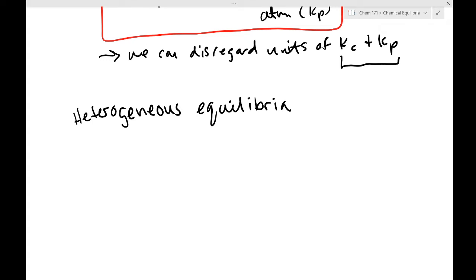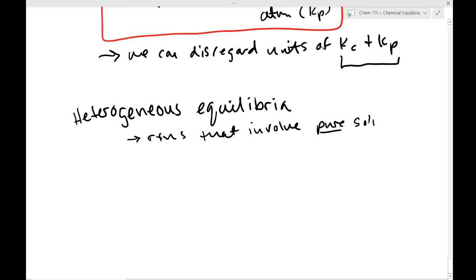Heterogeneous equilibria are reactions that involve pure solids and liquids. Okay, so they include pure solids or liquids.